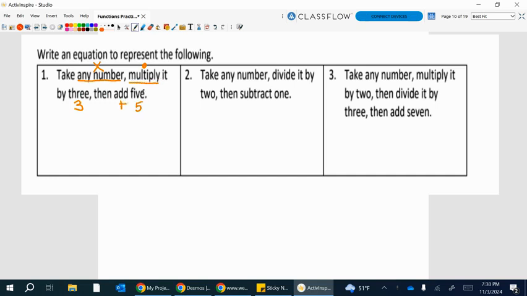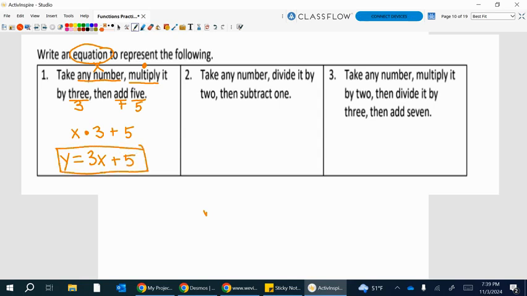So there's multiply it by 3 and add 5, which looks like this: x multiplied by 3 plus 5. But first of all, it's not an equation because it doesn't have an equal sign, and this looks a little crazy. So our final answer would be y equals, we put the number before the variable, 3x plus 5.